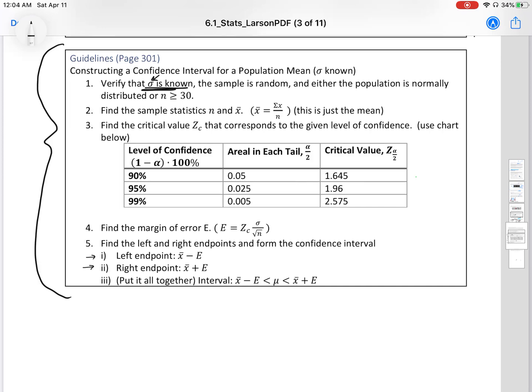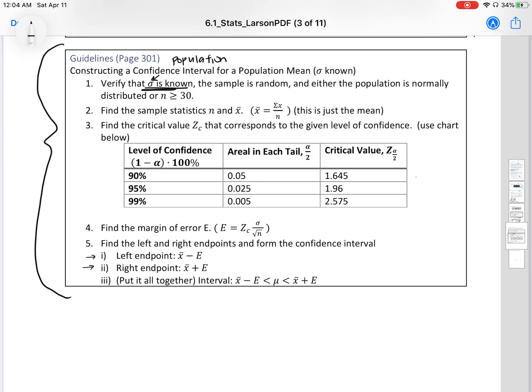If they don't use that symbol, sigma, or the words population standard deviation, then we're going to rely on a different method, maybe from a future section. If we know we have our population standard deviation and a sample of 30 or more, or that it's approximately normal, then we're good to go with the following steps.